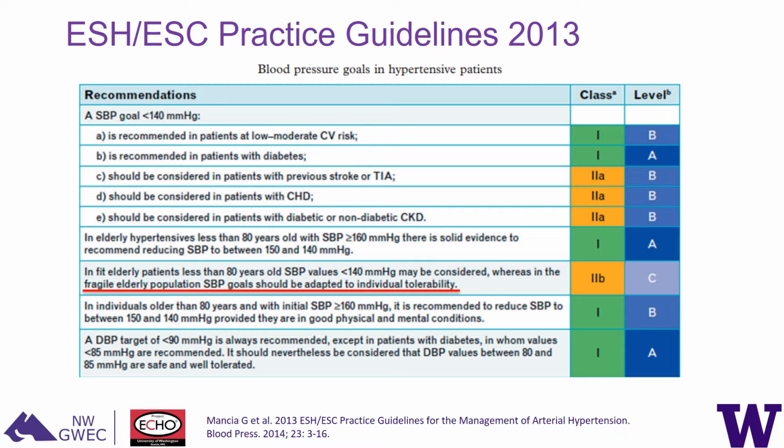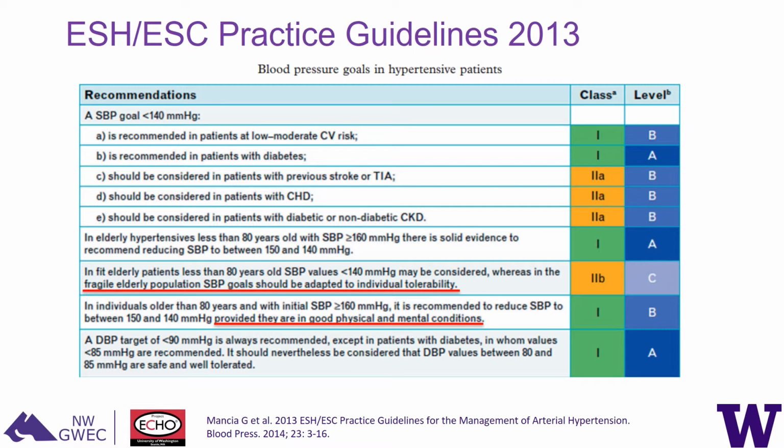But in patients who are fragile and in an older population, it should be adapted to the individual. And then it also talks about if they are in good physical and mental condition. That's the other thing that I want to highlight. So you do have room to exercise your clinical judgment and also have guidelines to back up your practice.